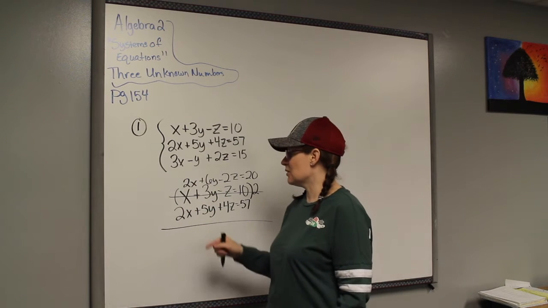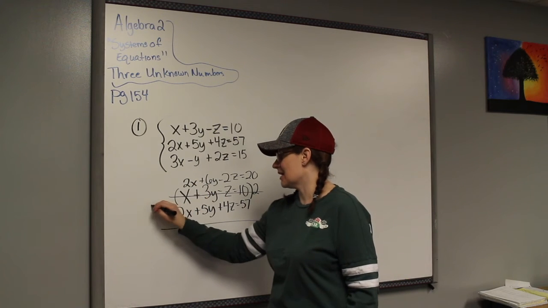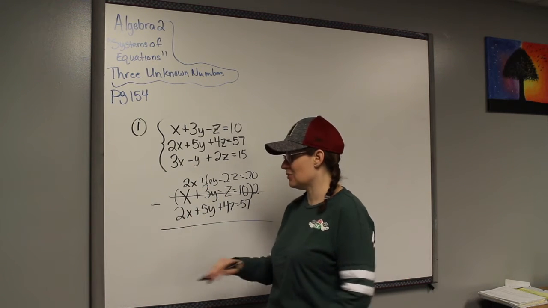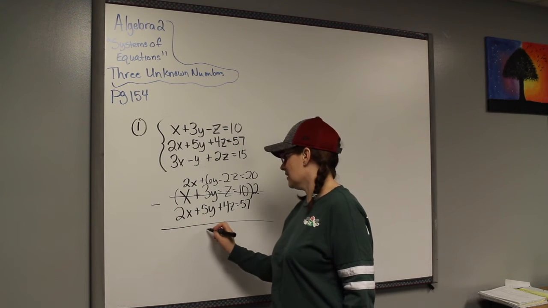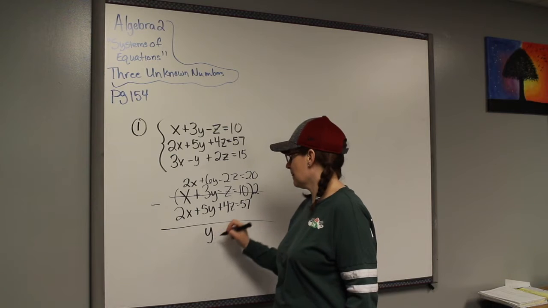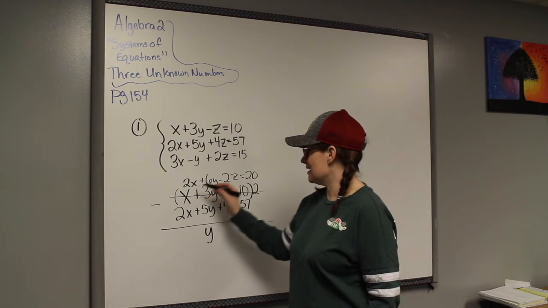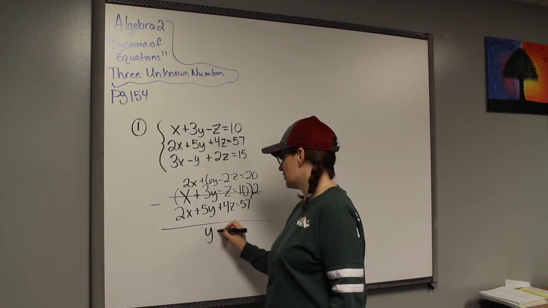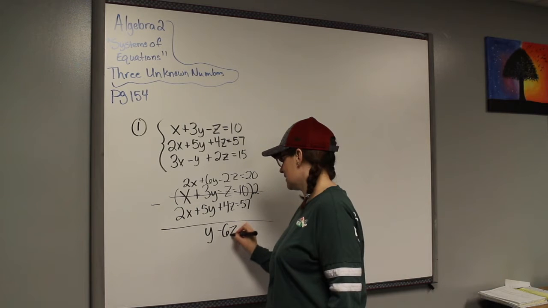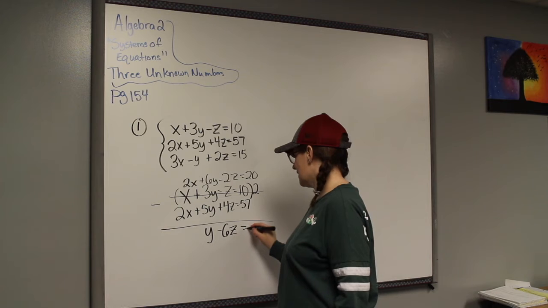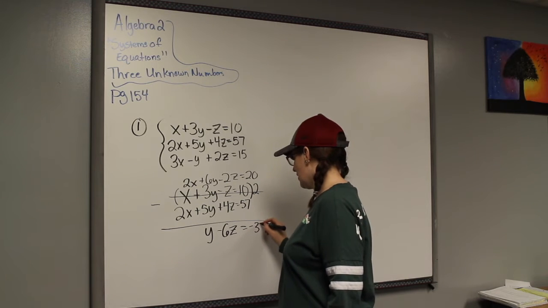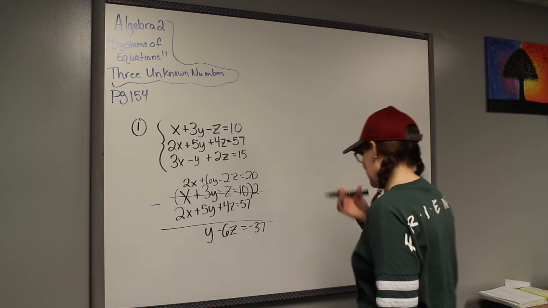So now I have a 2 and a 2, and since they are the same sign, I'm going to subtract them. 2x minus 2x, x's disappear. I have 6y minus 5y, which leaves 1y. I have negative 2z minus 4z, which is, I believe, going to give me negative 6z. Then I have 20 minus 57, which is going to give me a negative 37, I think.